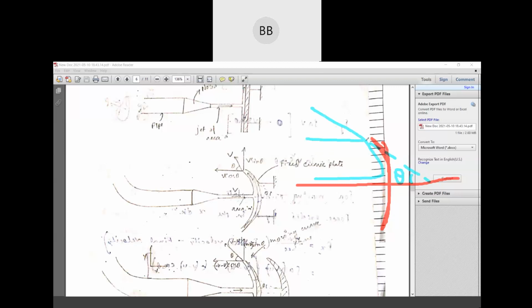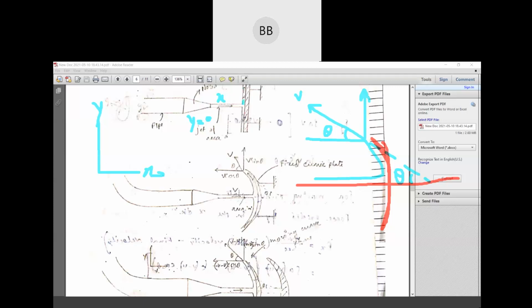Or else, you can resolve that velocity into two components, in the y direction and x direction. When you are considering the vertical plate, always remember before strike the jet is in the x direction. If you see, this is your x and this is your y direction. So before strike it is in the x direction, so y is equal to 0 before strike.